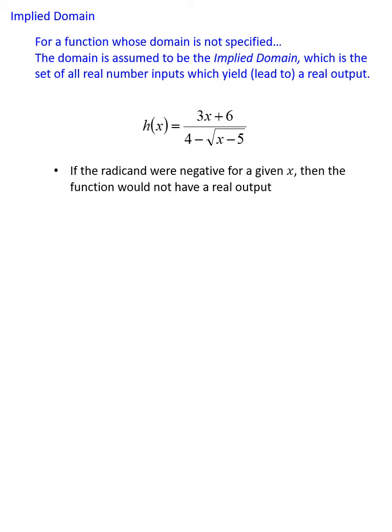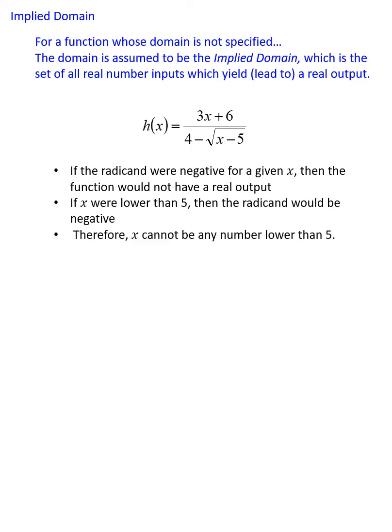Moving on with this very challenging problem, let me share my thought process. My first thought was, well, the radicand can't be negative. But if x is anything lower than 5, look at the denominator and imagine x being 1, 2, or 3, say. If x is anything lower than 5, the radicand is going to be negative, therefore h won't have a real output and those numbers aren't allowed.